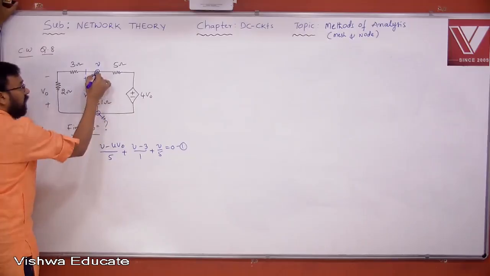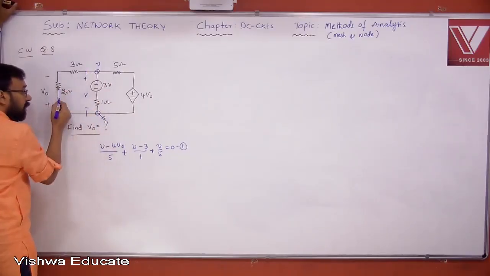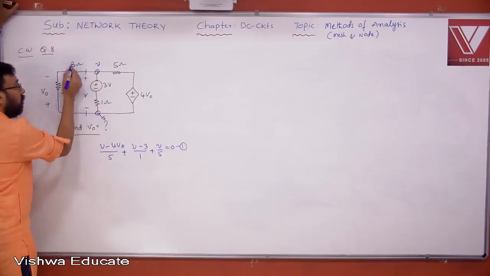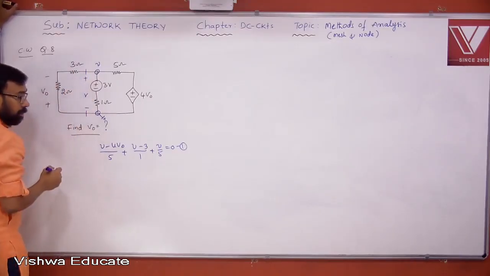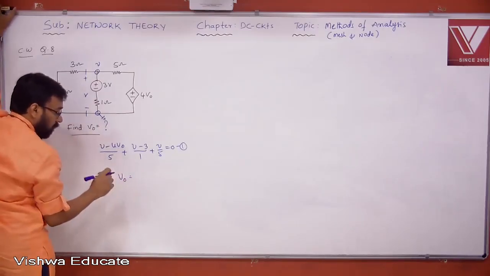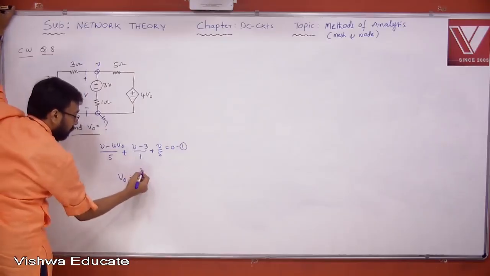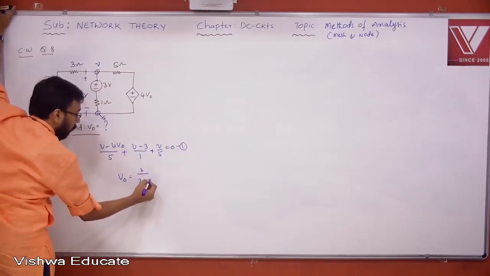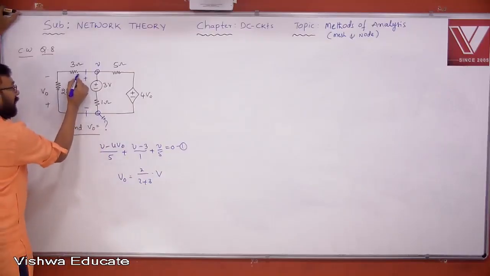This is 0. This is V. Nothing but the voltage between these 2 points is also V. Now these two are connected in series. Can't we apply the voltage division rule for this particular portion, having known the voltage across them? Yes, we can. V naught is equal to 2 by 2 plus 3 into V. But the division is taking place like this.